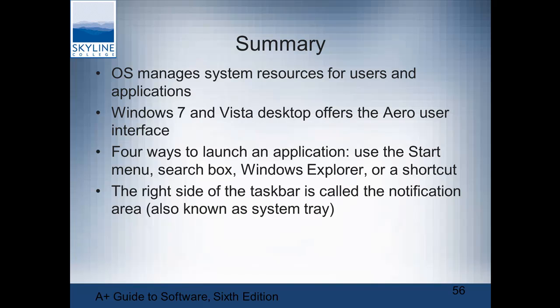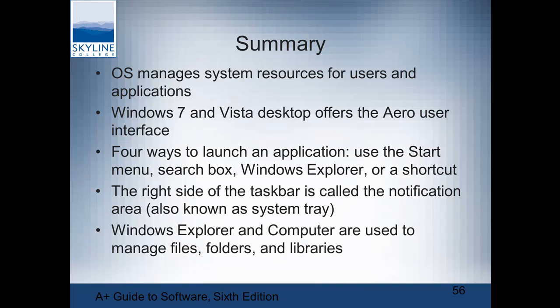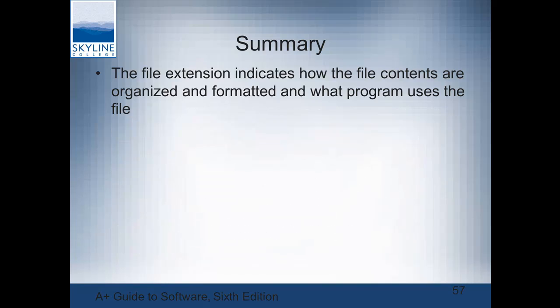System tray is an old term that goes back to Windows XP and before. The notification area is probably what you're going to hear, where the little red flag will come up if you have something wrong in the Action Center, those kinds of things. Managing files, Windows Explorer we looked at.